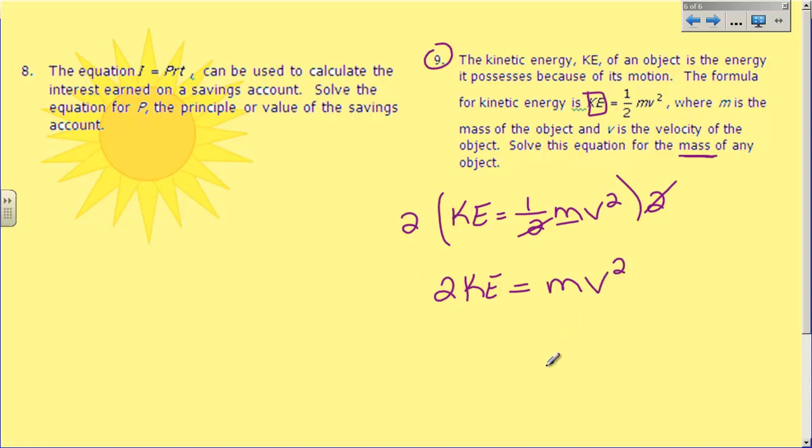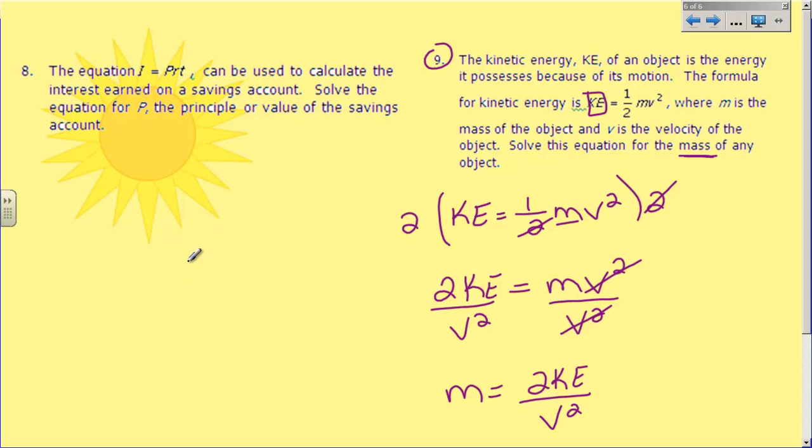Now m still needs to be by itself, so I'm going to divide by v squared, and yes, I can divide by that whole entire thing. And so the mass of an object is 2 times its kinetic energy divided by its velocity squared. And that is that equation solved for mass. But what was really important is that you understood that this was all by itself. It is one variable. That KE stands for kinetic energy.